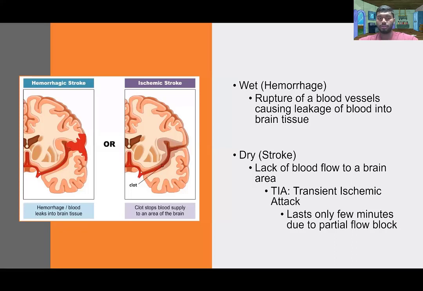So just a recap: an ischemic stroke's symptoms are only location-based, whereas a hemorrhagic stroke's symptoms are location-based, but it also has a severe headache, right? So hemorrhagic, severe headache and symptoms. Ischemic stroke just has symptoms, but no severe headache. So that's very important clinically and diagnostically.